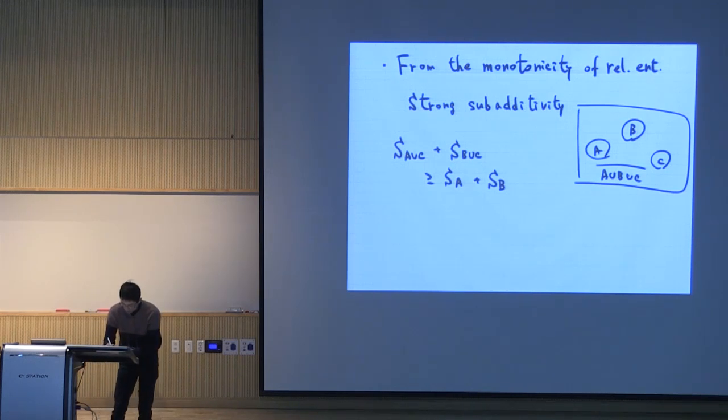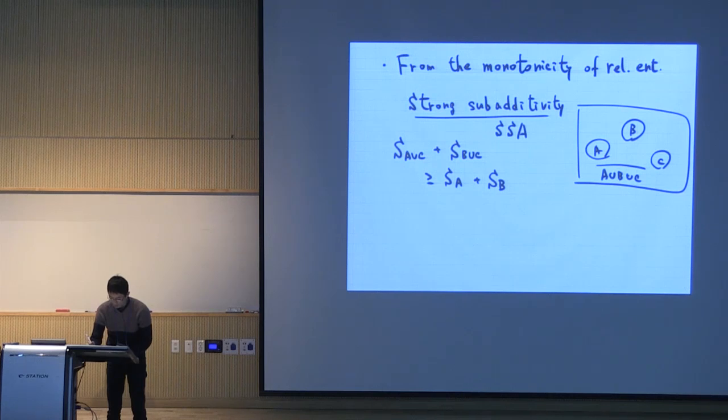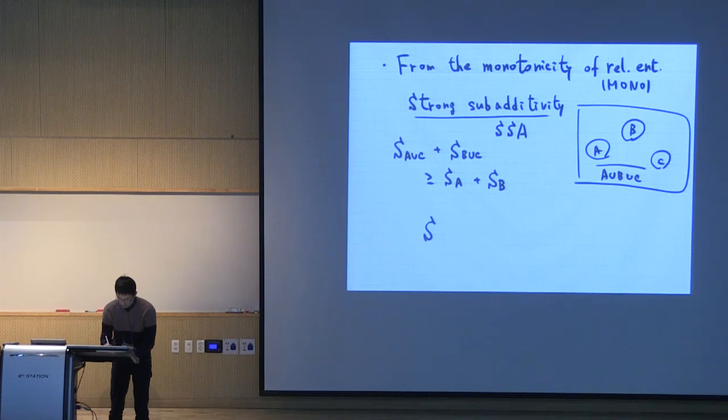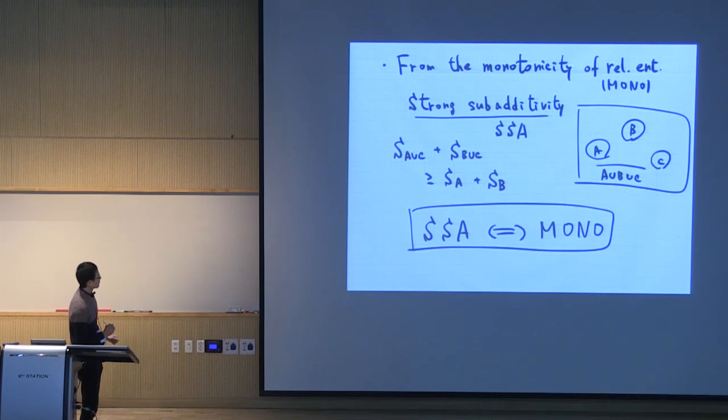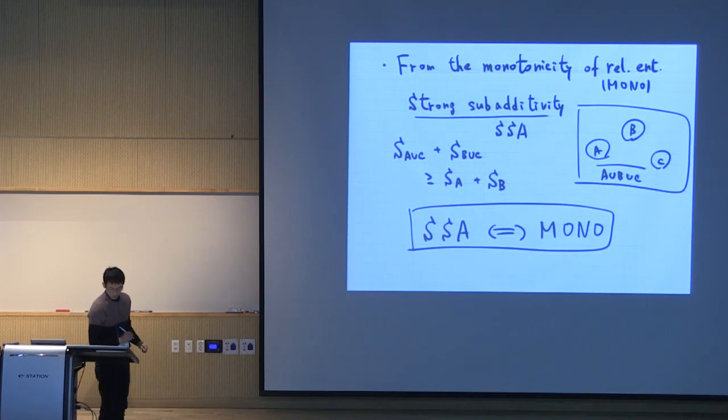I will write strong subadditivity as SSA, and monotonicity of relative entropy as mono. Then SSA and mono are equivalent. SSA is the strongest inequality known for entanglement entropy so far.